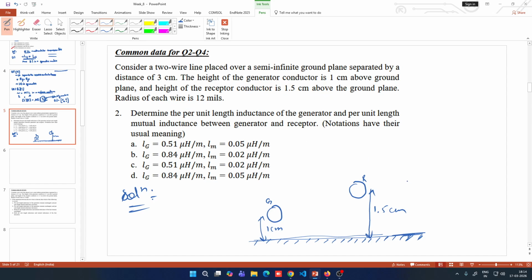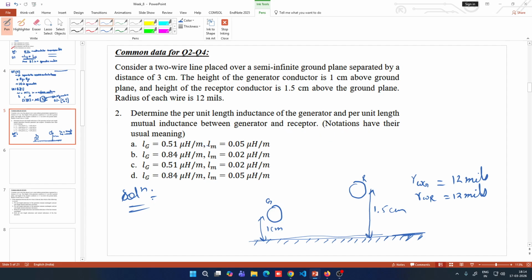And the radii RWG and RWR are both 12 mils. So this is what is given in the problem. Now we have to see what question number 2 is asking. We have to determine the per unit length inductance of the generator and the per unit length mutual inductance between generator and receptor.